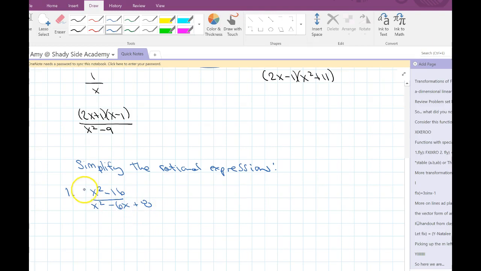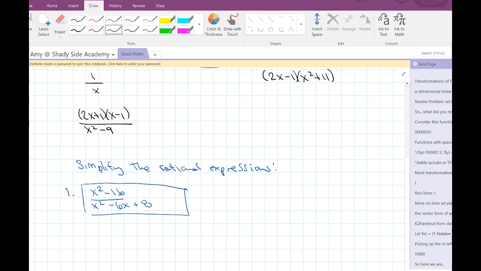First of all, remember that you cannot cancel out terms. I know your hand wants to cross off x squared and x squared. X squared, though, is a term. Terms are added or subtracted. In a quotient, you cannot cancel terms. You can, however, cancel factors.